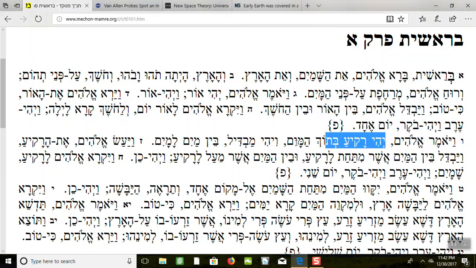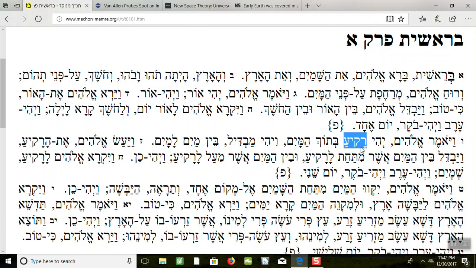All right. Let me highlight that. I want to expound upon this word here, Rakia. Now, Rakia is a very interesting word, and a very controversial word, just like the word I think in part two, Hayatah. This is very controversial, but also very important.